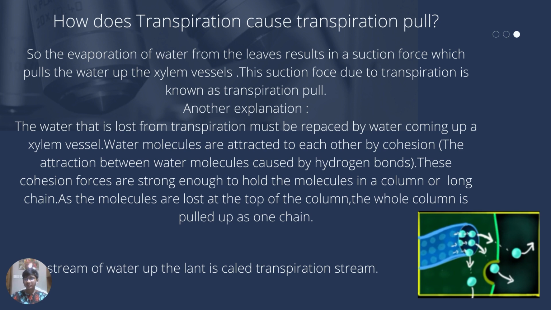So how is transpiration causing transpiration pull? The evaporation of water from the leaf results in a suction force which pulls the water upwards in the xylem vessels, and this suction force due to transpiration is known as transpiration pull. Another explanation can be that the water that is lost from transpiration must be replaced by water coming up the xylem vessels.